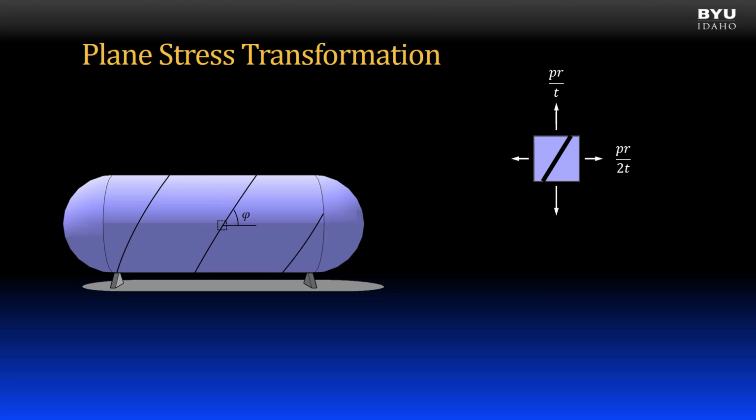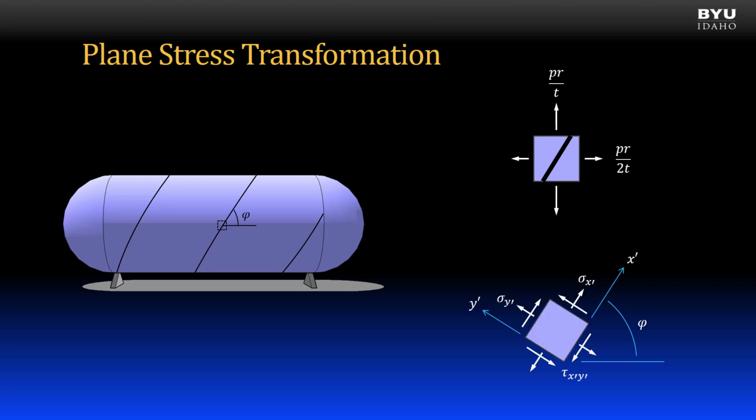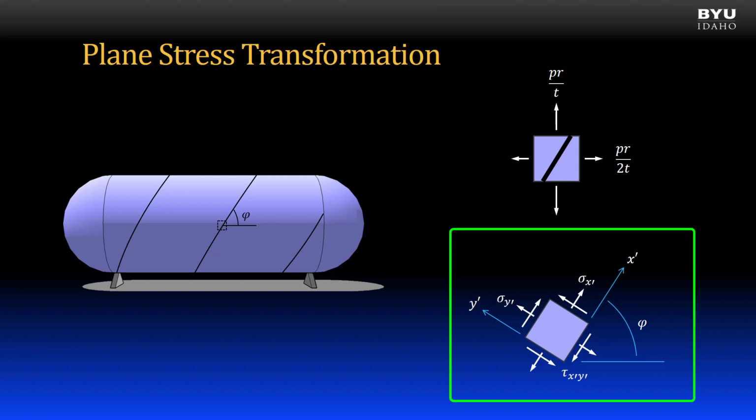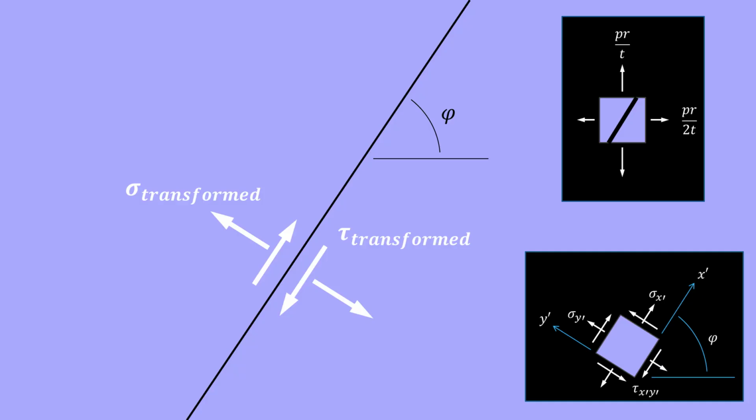But these stresses are not in the direction that we want. However, using the plane stress transformation equations, I can take the state of stress that occurs in one orientation of the stress element and transform it to the state of stress that occurs on the element rotated in the plane. In other words, I can start with the hoop and axial stresses and transform them to the normal and shear stresses acting on the weld.